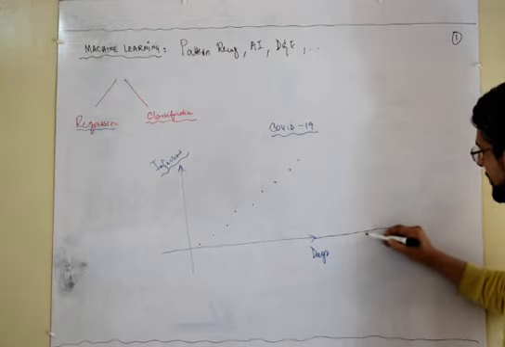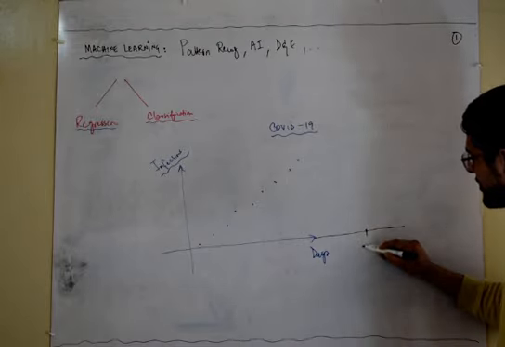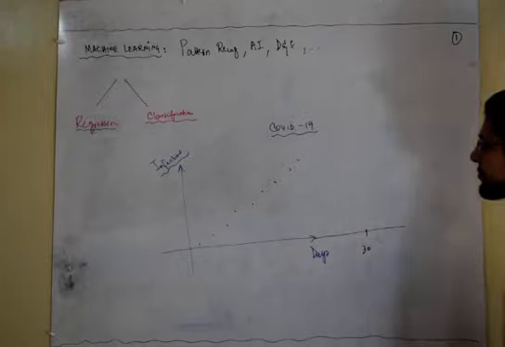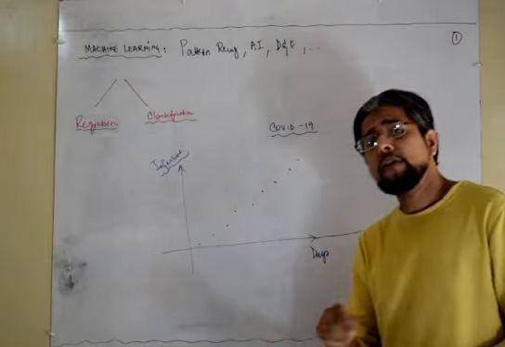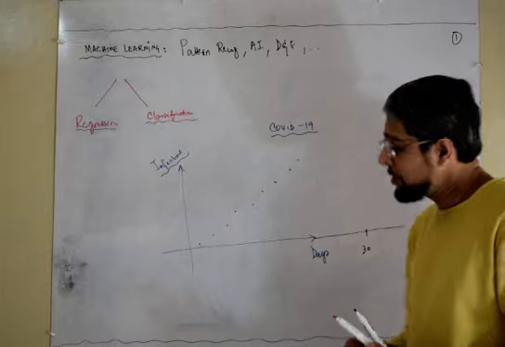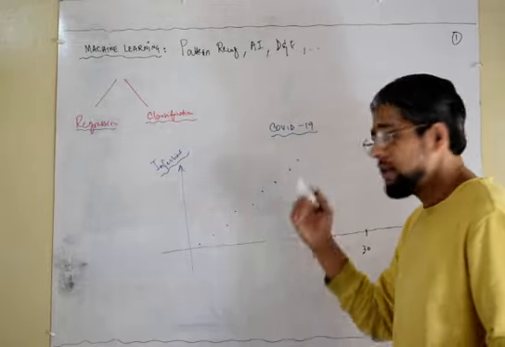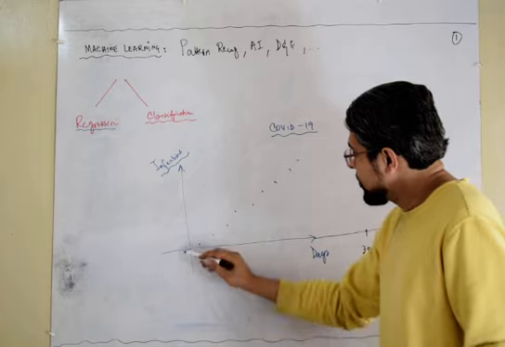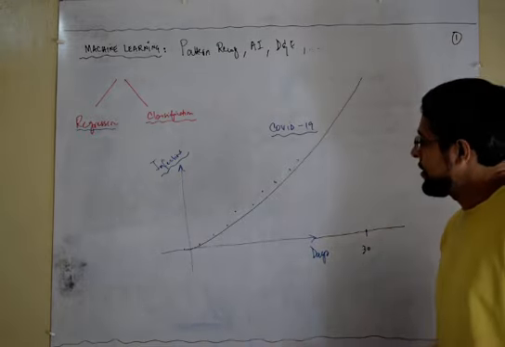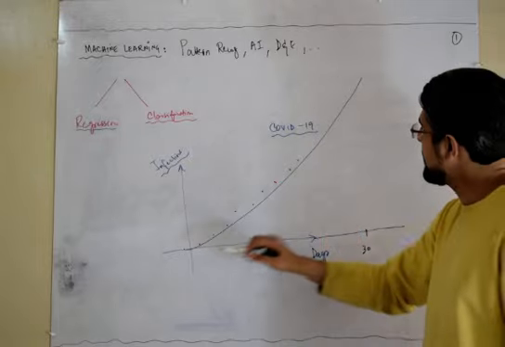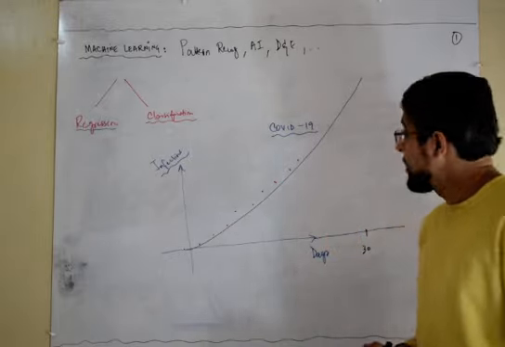Let's say on day, I don't know, 30. So you're going to plot all these points, and then you're going to determine a line. What is the pattern? What is the equation of this line? This is just one particular example.